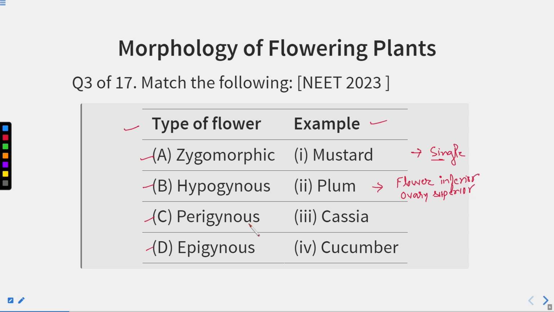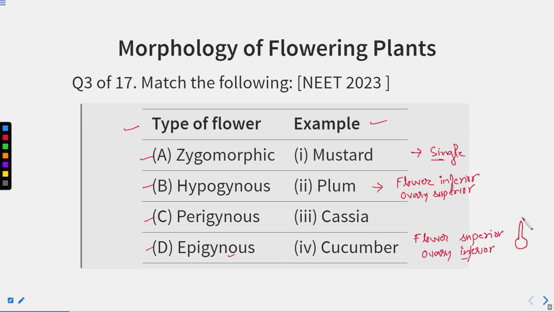Then let's talk about epigynous. Epigynous flower means the flower is superior here. If the flower is superior, then the ovary is inferior, and the floral parts such as sepals, petals, and stamens arise from above the ovary because the ovary is inferior.